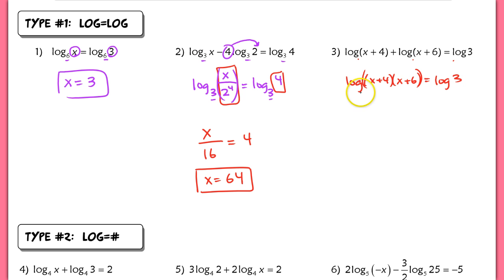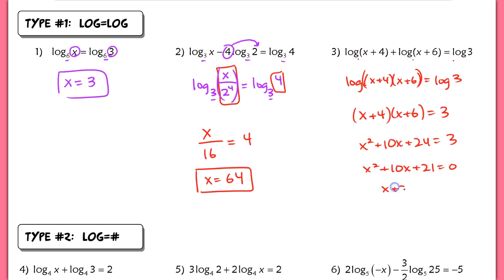Now that I have the same base on both sides and just one log on both sides, I'm going to equate my arguments. So x plus 4 times x plus 6 should equal 3. I'm going to FOIL here. So I have x squared plus 10x plus 24 equals 3. And from here I'm going to solve this quadratic.